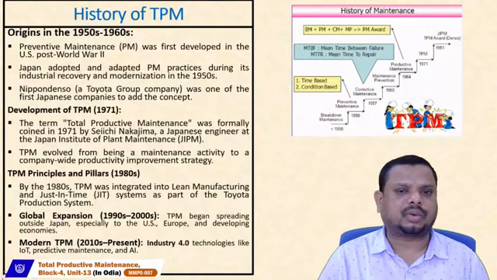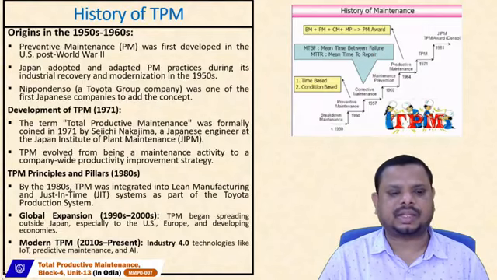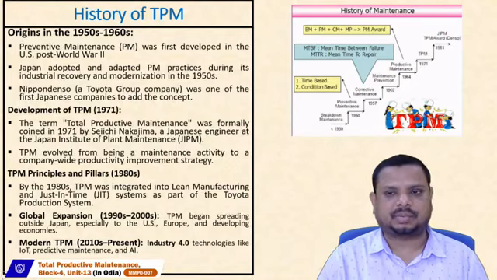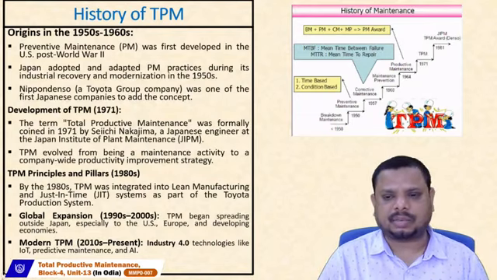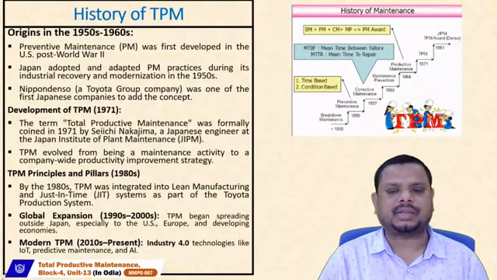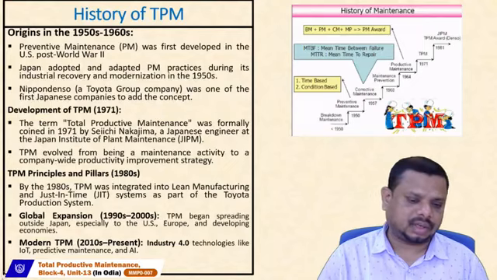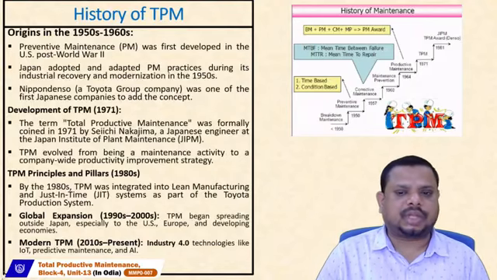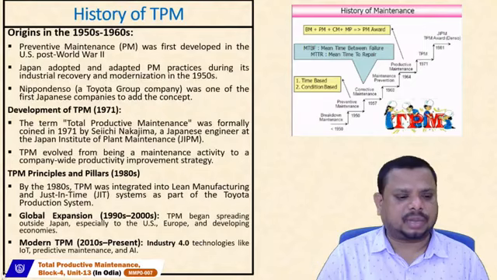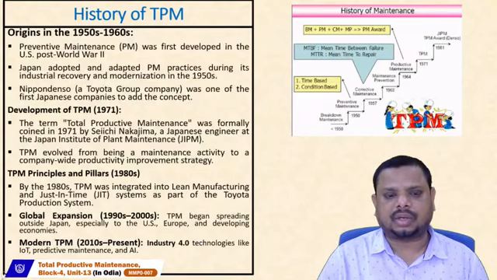The next is global expansion during the 1990s to 2000s. TPM began spreading outside Japan, especially to the US, European countries, and developing economies, as a Japanese philosophy to maximize maintenance activities and reduce defects, reduce downtime, and reduce costs. The last is modern TPM from 2010 to the present.